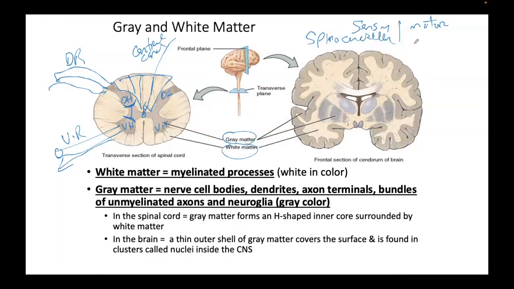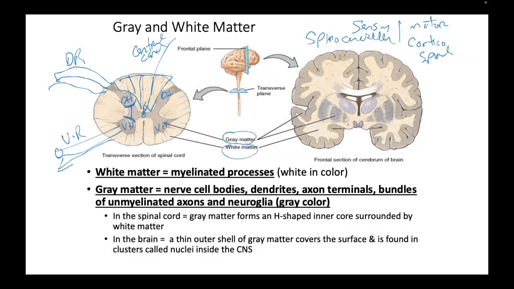But if we call one tract, let's call it the corticospinal tract. Cortico means cortex, which is the outer part of the brain. The cortex is the bark. That's the outer part. So if it's corticospinal, it's going from the brain down. That's a motor tract. So that's how you can determine if a tract has sensory function or motor function, is by the name. It tells you the direction the signals are traveling.